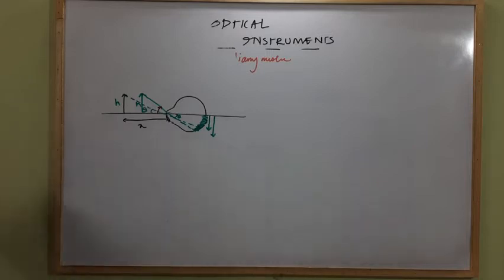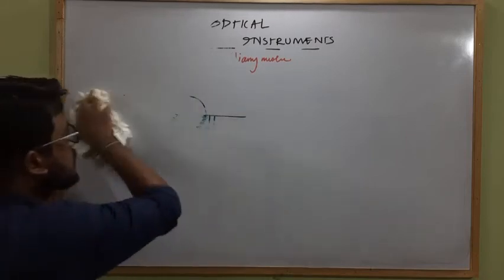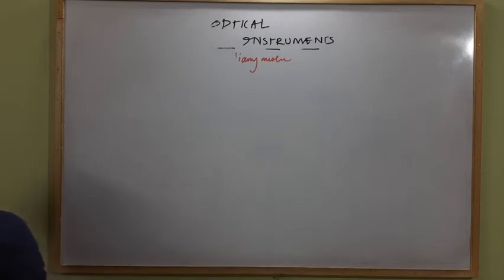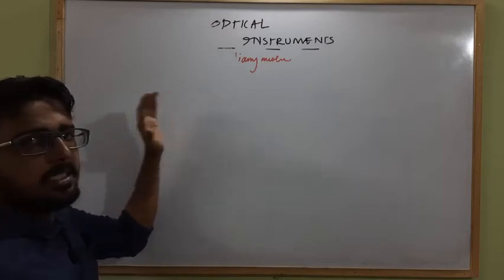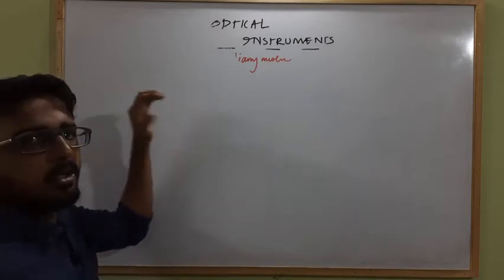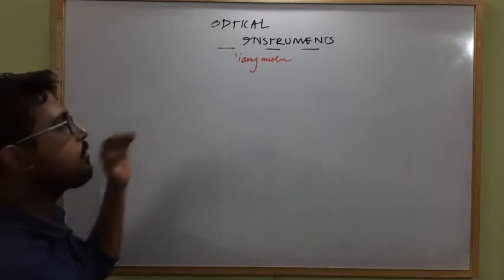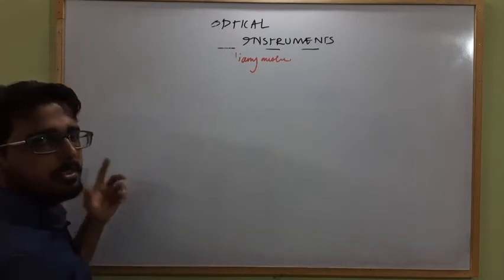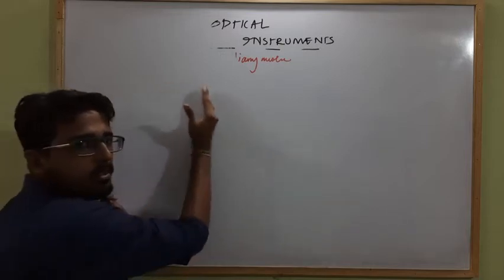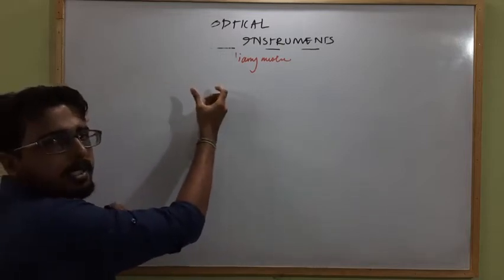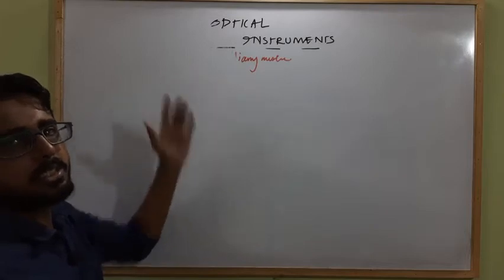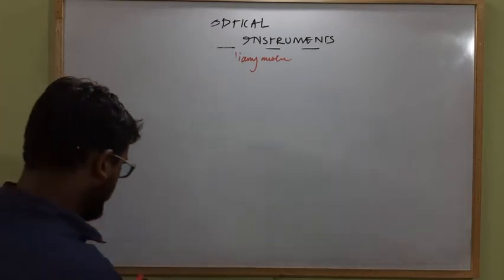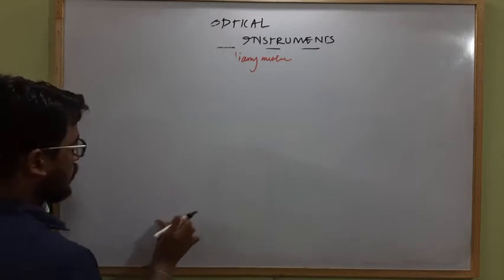You already understood why the angle of view increases, which causes an increase in the number of activated rods and cones, which creates more magnified and clear vision of the object. But if we place the object closer than the least distance of distinct vision, the angle of view may increase, but as the image is not formed on the retina, there will be no chance to see the image.